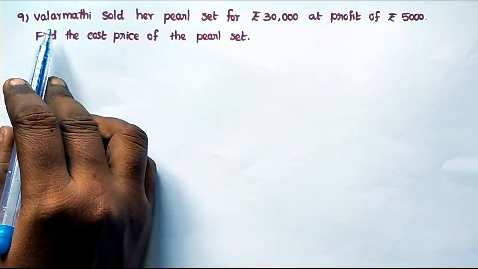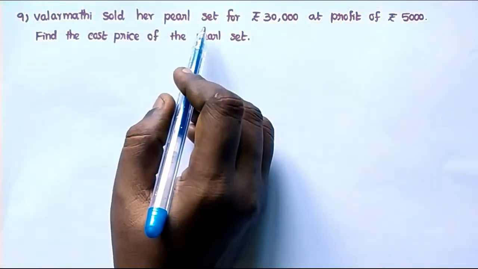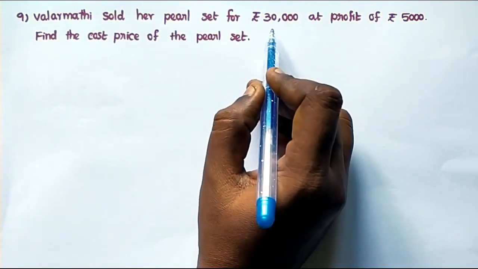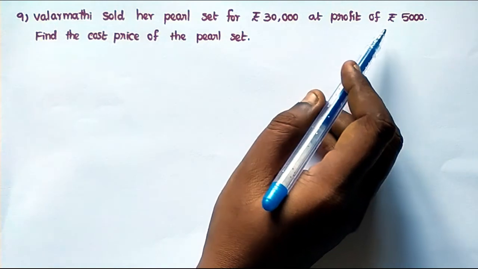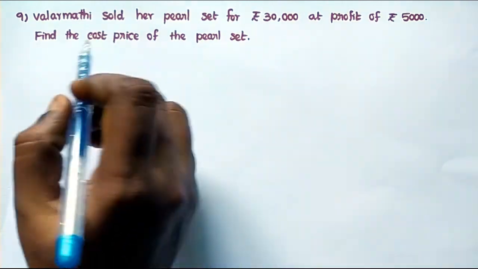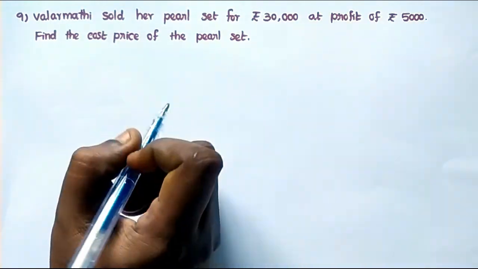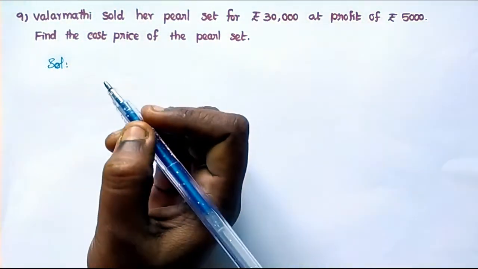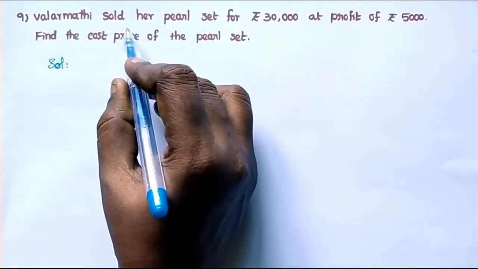Ninth sum. Valanmadi sold her pearl set for rupees 30,000 at profit of rupees 5,000. Find the cost price of the pearl set. Listen. Selling price, he sold.